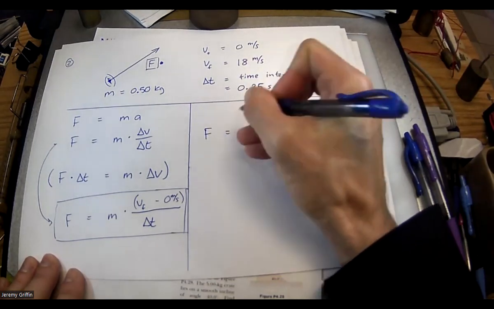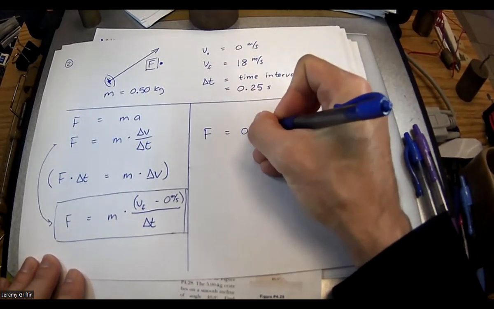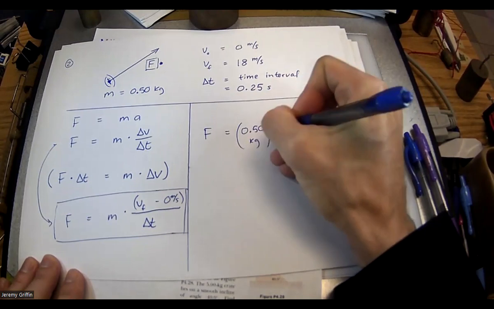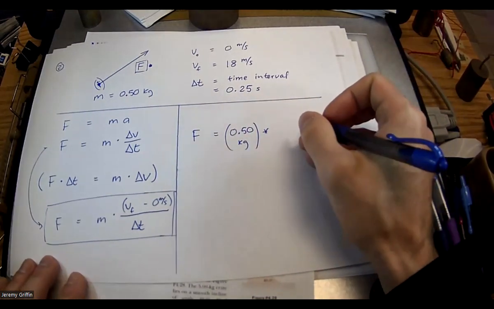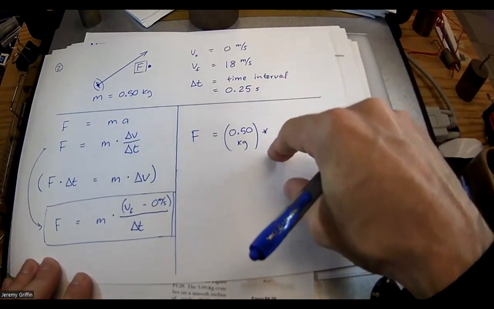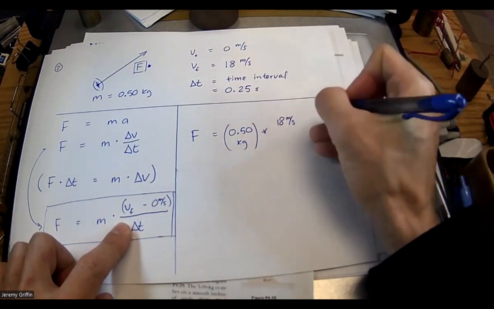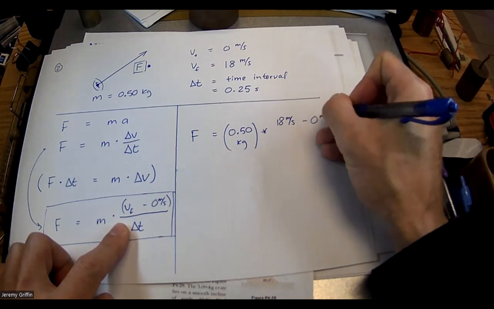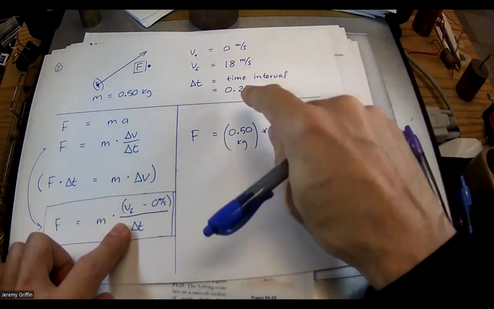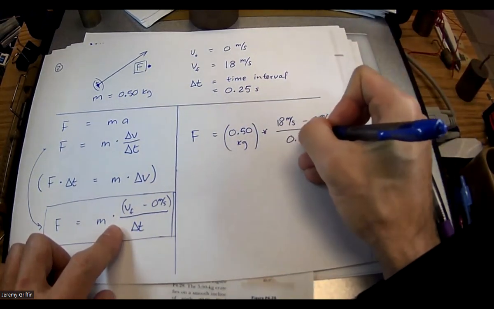So force equals the mass of the football, and the final speed was, okay, I went with this number of meters per second. Your book number is different. Going from rest, and then the time interval of this many seconds.